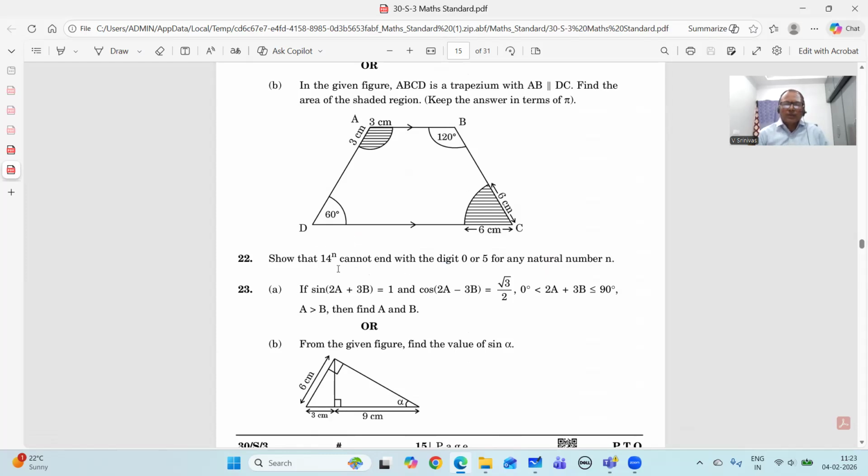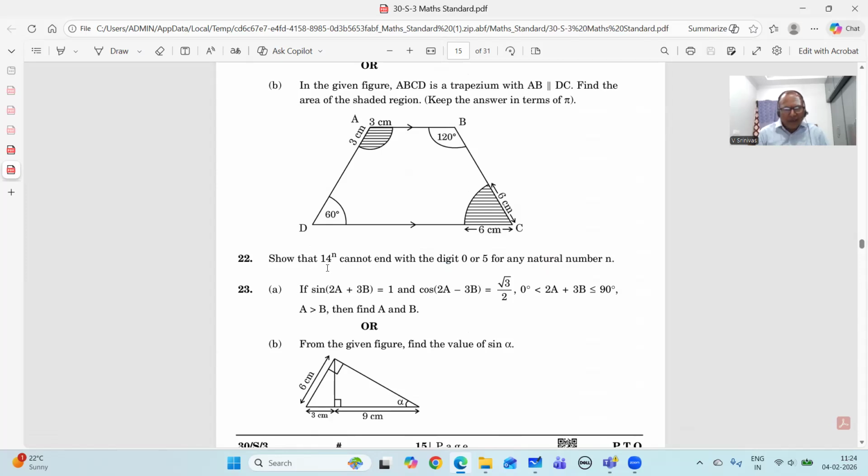It is divisible by 10. It has 0 in its units place, meaning 10 becomes a factor of that positive integer. Once 10 is a factor, that means 2 and 5. 10 is 2 into 5, so 2 and 5 become factors of that positive integer.